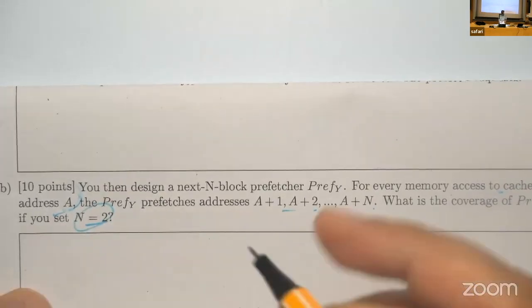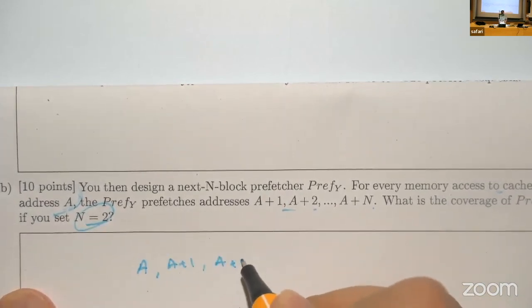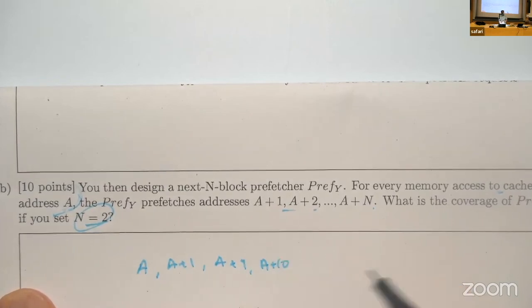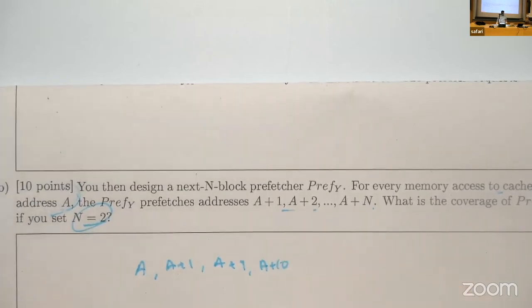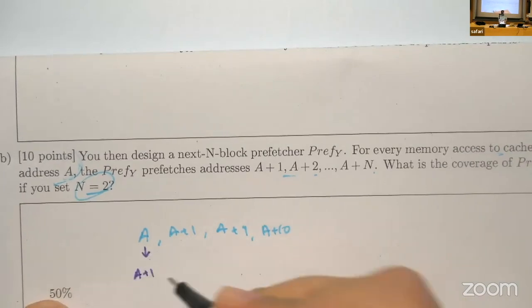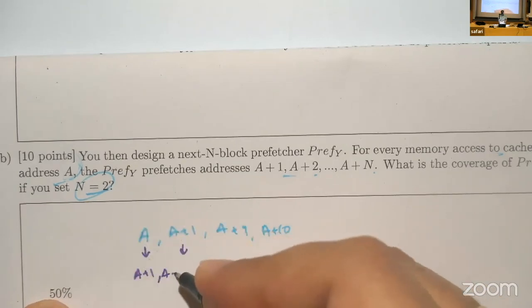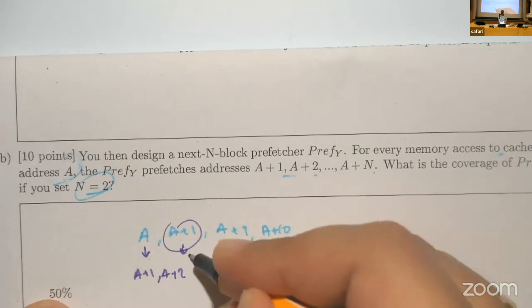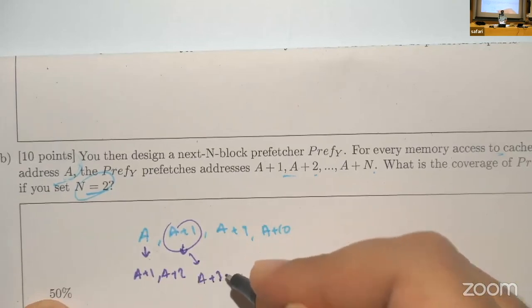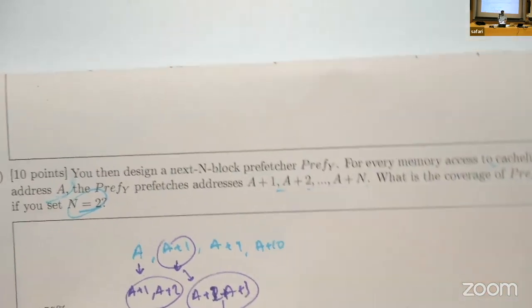If you remember the access pattern, it goes like A plus 1, A plus 9, A plus 10, things like that, right? When you access A, it will create a prefetch request for A plus 1 and A plus 2. When you access A plus 1, it will create a prefetch request for A plus 2 and A plus 3.